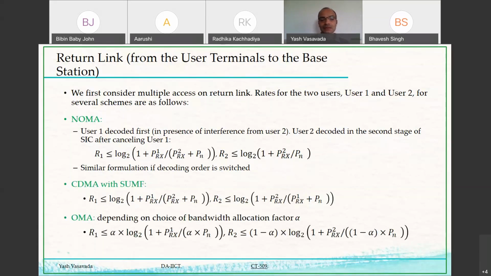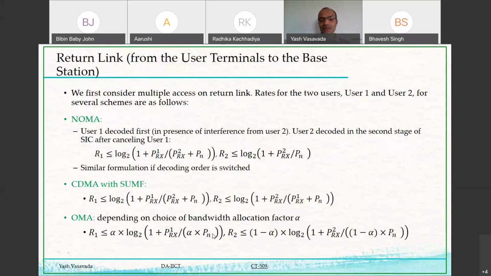Finally, let us look at OMA. Remember, in OMA, the noise power gets smaller by a factor of alpha. And so, oh, by the way, there is first of all no interference. So the denominator has only the PN term.